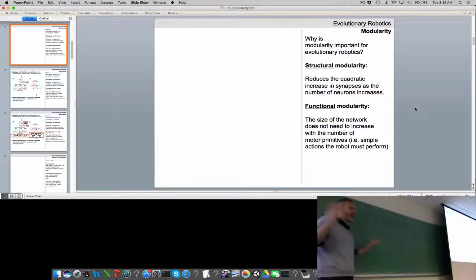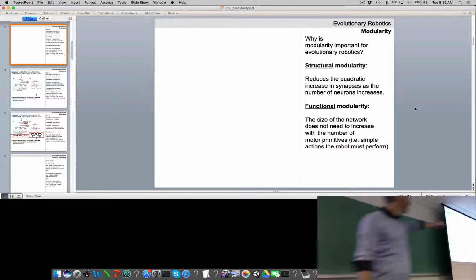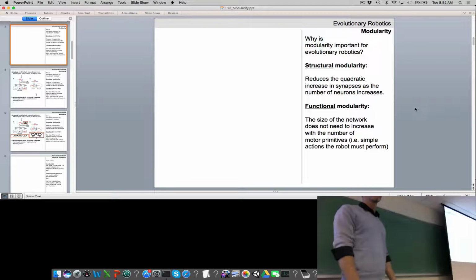We have an n times n matrix, and every element in that encodes information about one of these synapses. So if we have a structurally non-modular network, everything is connected to everything else. As we start to build a more complex robot, it's going to need more sensors and more motors and more neurons. So as the number of neurons goes up, as n goes up, the number of synapses goes up quadratically, right?